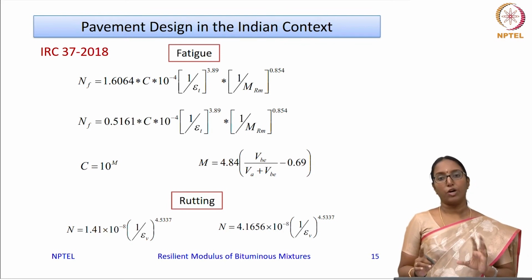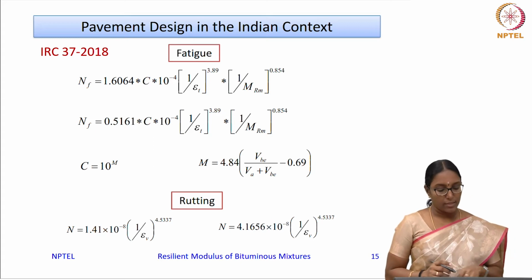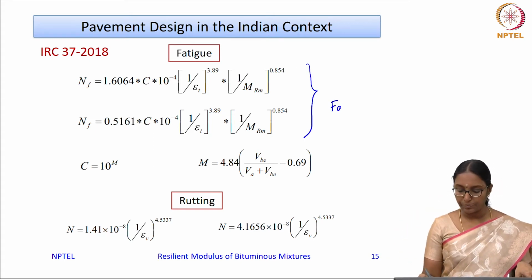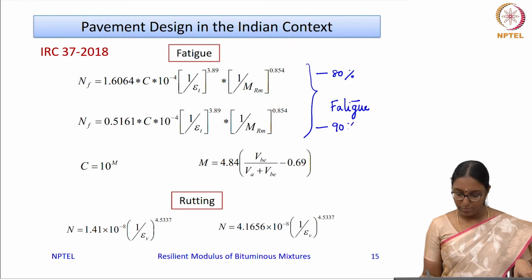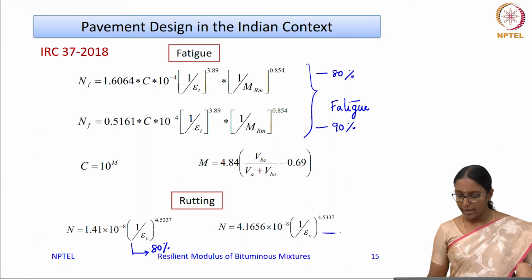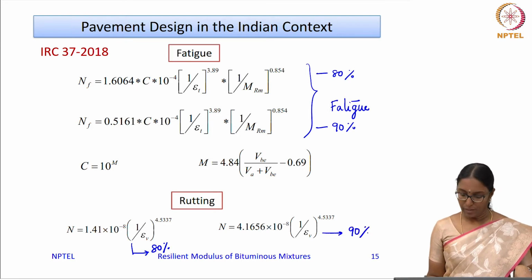But there are certain modifications done on the equations. So, as you can see, the first 2 expressions are for fatigue failure. This is at 80% reliability level and this is at 90% reliability level, and this is for rutting at 80% reliability level and this is at 90%.